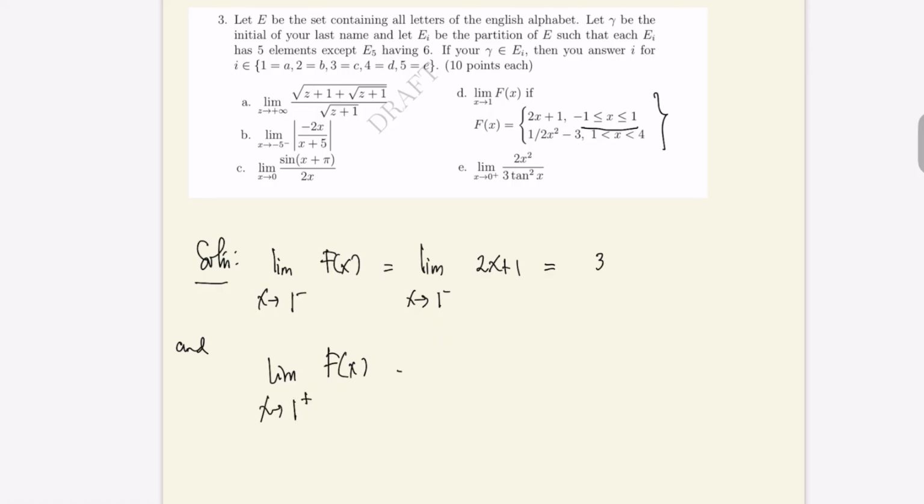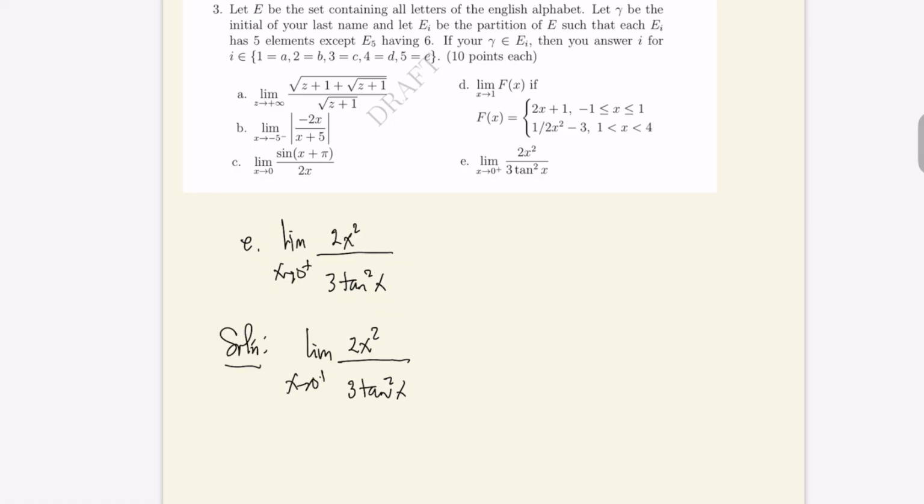We have the limit of 1 over 2 x squared minus 3 as x approaches 1 from the right. So this is equal to 1/2 minus 3. So it's short, this is not equal to 3. Therefore, the limit of f of x as x approaches 1 does not exist.